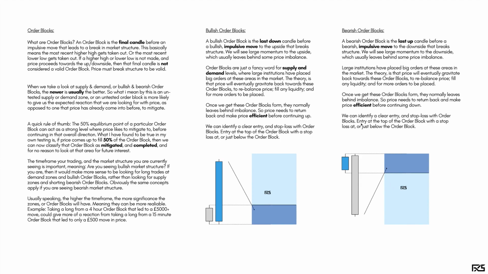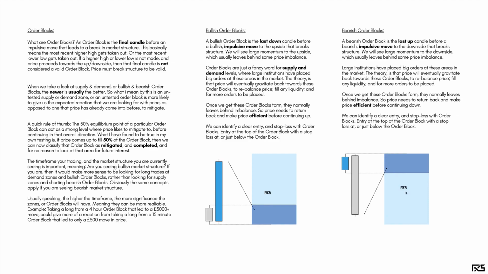Now, we can identify a clear entry, so we can enter with a limit order at the base of the order block, taking the wick, with a stop loss at the top of the order block, or we can account for spiking and put it 2 pips above, just to give us that leeway. So if price does come up to test this high, we'd be protected, and then we can see price continue down.